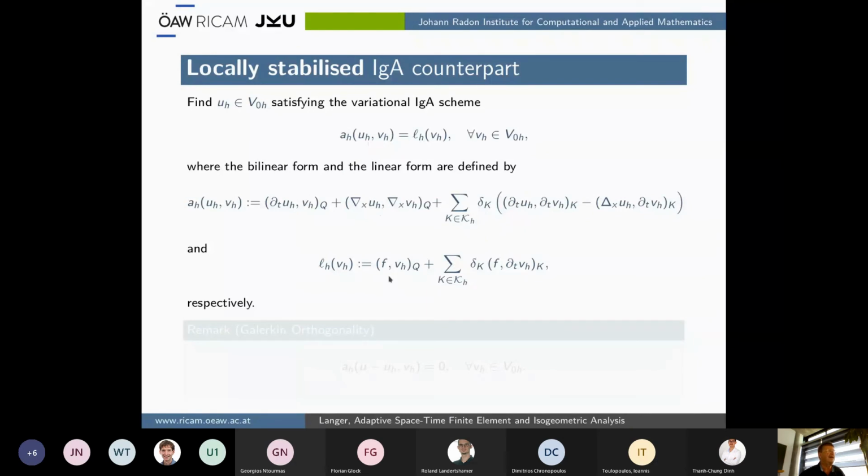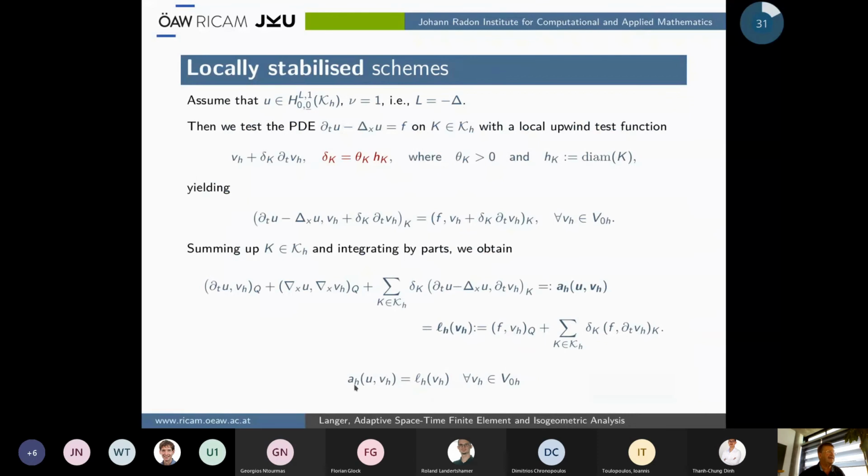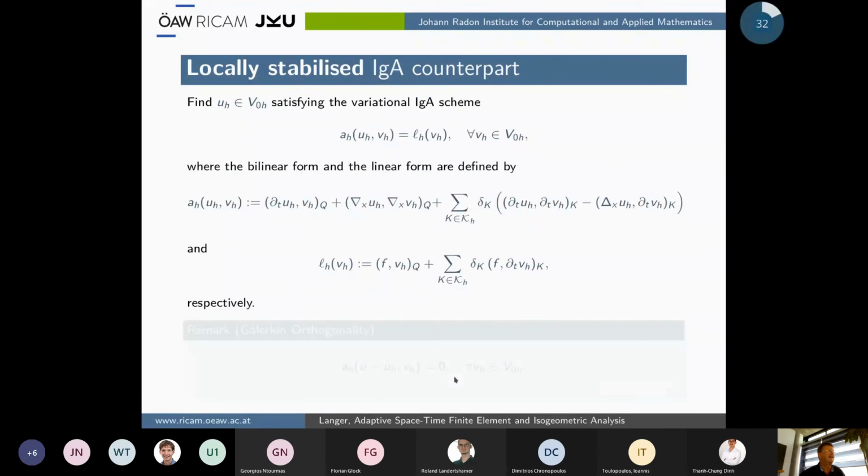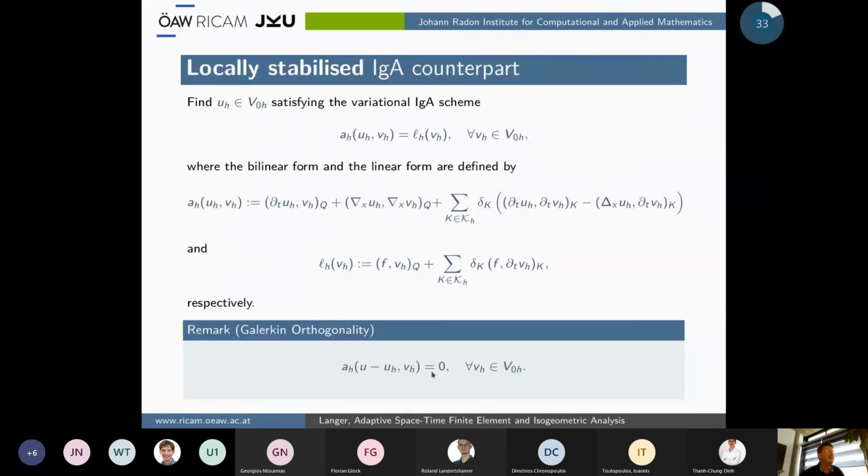So again, here the bilinear form and the linear form. And if you subtract from this, you get zero, of course. And this is the famous Galerkin orthogonality. And if you have in numerical mathematics Galerkin orthogonality for the discrete bilinear form here, then you are in the heaven of numerical analysis, then you can do everything.